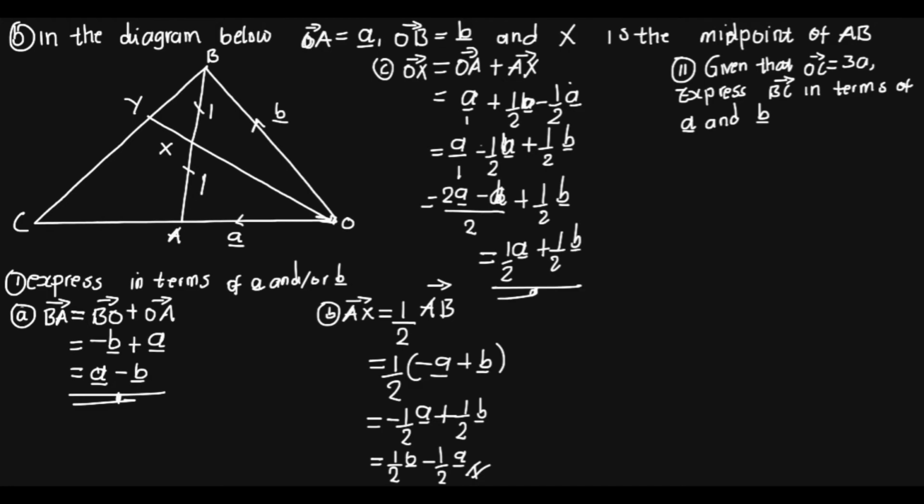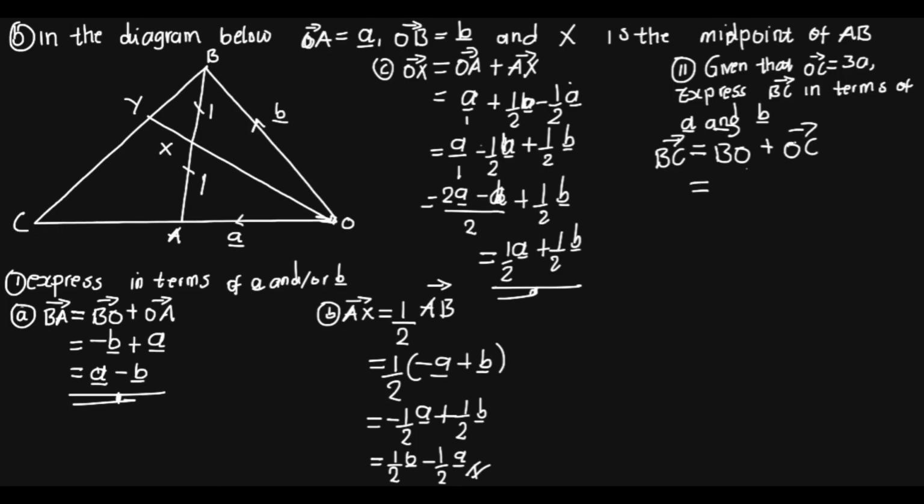Now we can move on to question Roman number 2. Given that OC, from O to C, we have been given this vector. It's 3A. Express BC in terms of A and B. So we want to find BC. For us to find BC, we'll move from B to O and O to C. So find BO plus OC.